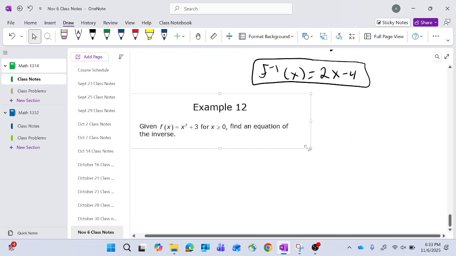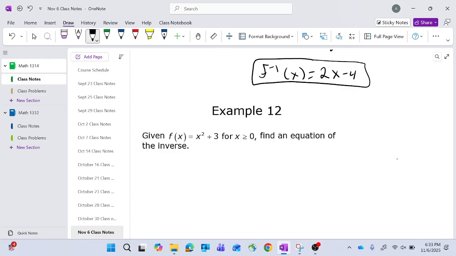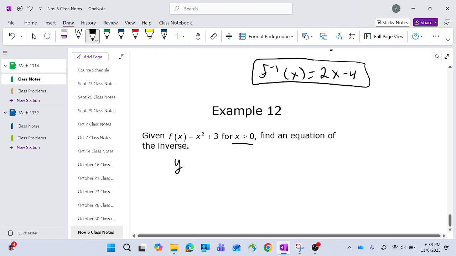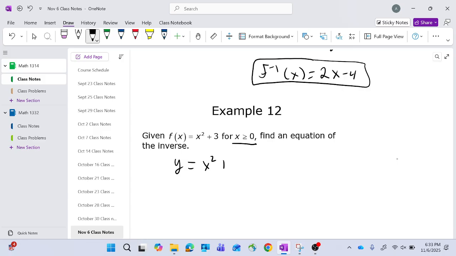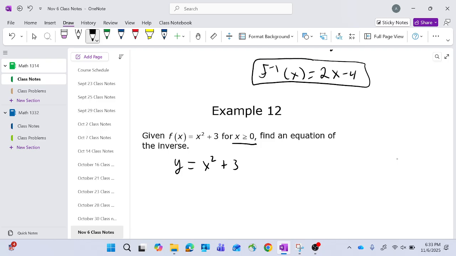Now we have another inverse. It's a little harder, but it's essentially the same thing anyway. So x squared plus 3 for x is greater than or equal to 0. That part is important. We'll get back to that in a bit. But we have y equals x squared plus 3. And now we're going to flip the x's and y's.